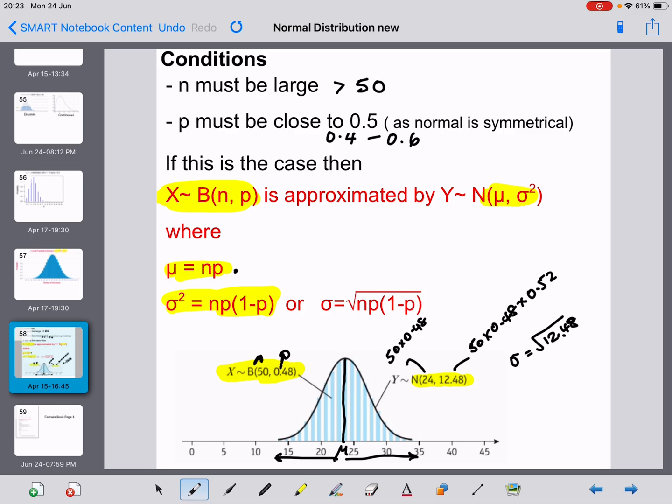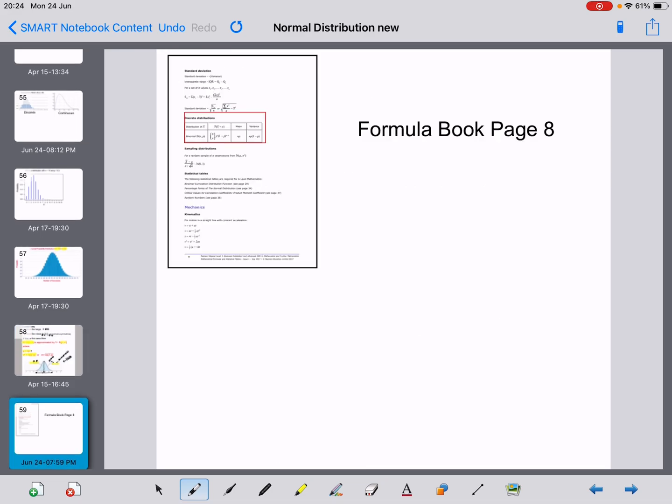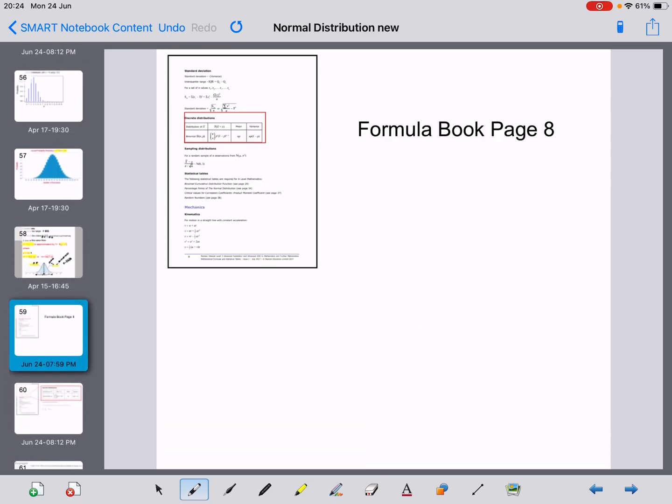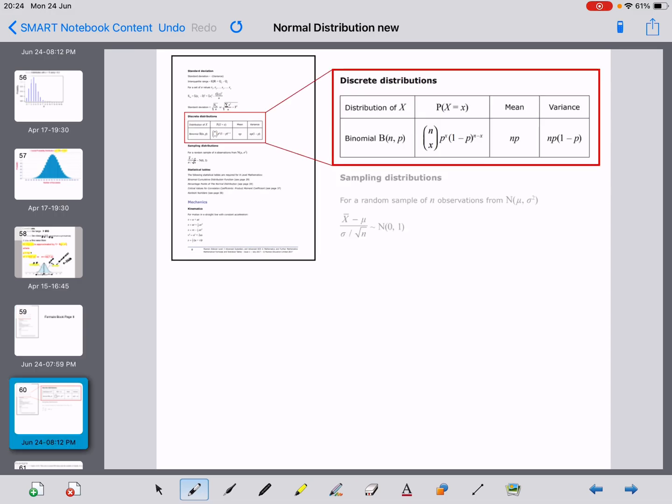So that's how it works. If you are given binomial distribution information, then as long as the conditions are satisfied, we can convert the parameters into normal distribution parameters. Just to point out, they are in the formula booklet on page 8.